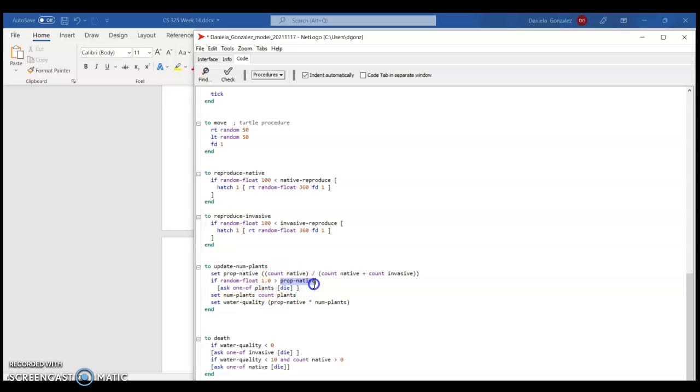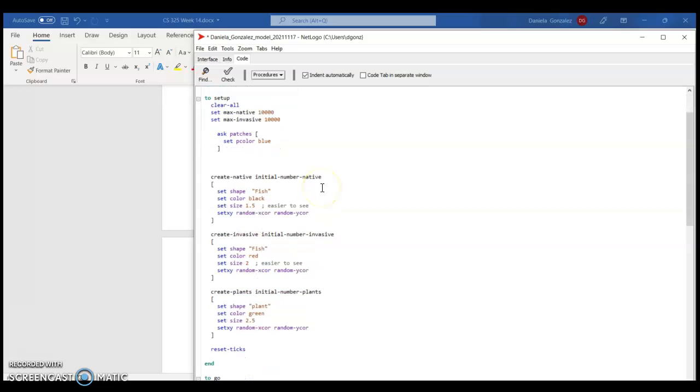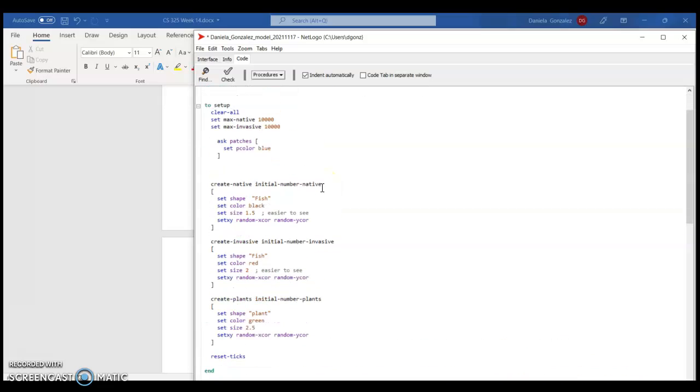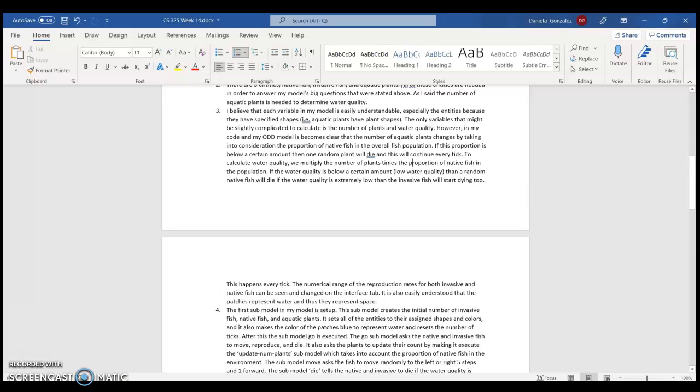So if the proportion of native fish stays high, then we expect there not to be that many plants dying. But if the proportion of native fish is very low, then we're going to have a lot of plants dying. And then we're going to set our water quality to be the proportion of native, which we calculated up here, times the number of plants. And then this procedure is called once every tick, as we see over here in the go function when we ask plants to run that function.